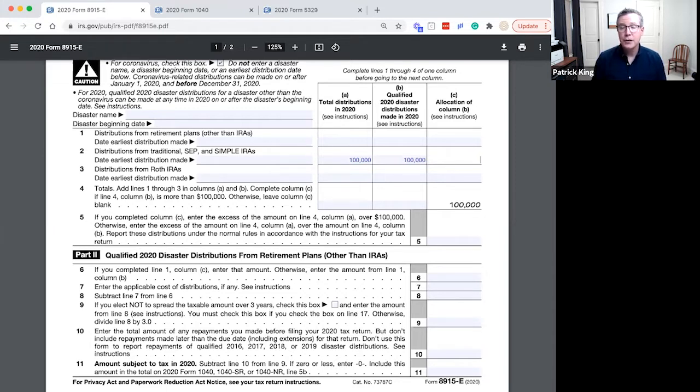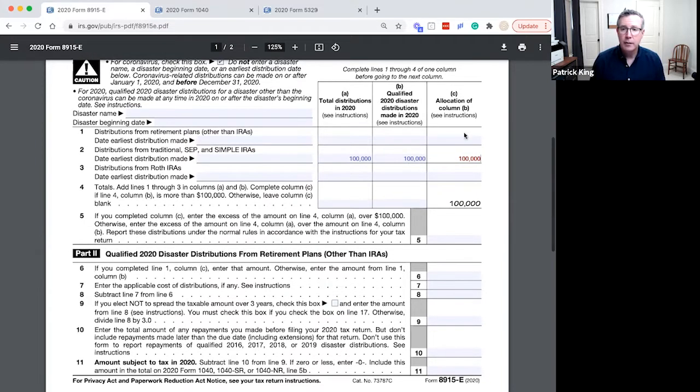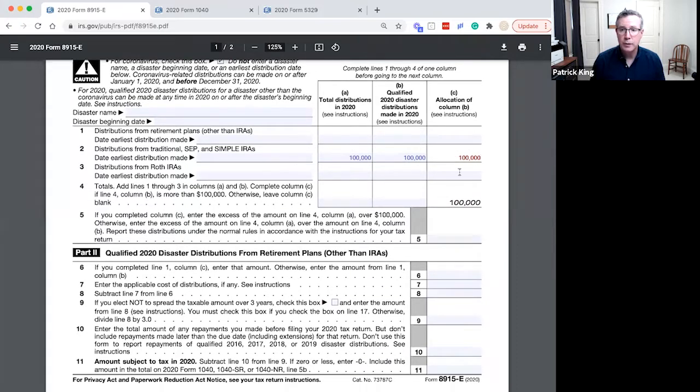And then the allocation, since you're allowed $100,000, would be allocated. Of course, if you made multiple withdrawals from multiple accounts, you would have to alter this. At any rate, everything you put in column C and lines 1, 2, and 3 need to add up to $100,000. That's why they've put a hard line in there.